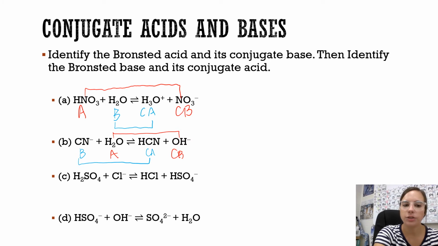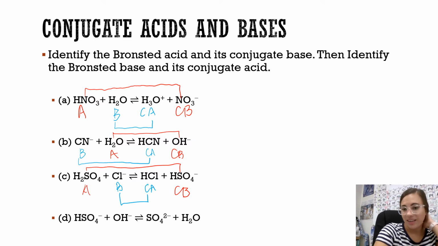Sulfuric acid is the one donating the proton, so that is my acid. Its conjugate base is what's left after it donates the proton. Then chloride is my base because it accepted the proton to form the conjugate acid HCl. The thing that is donating a proton is my acid.